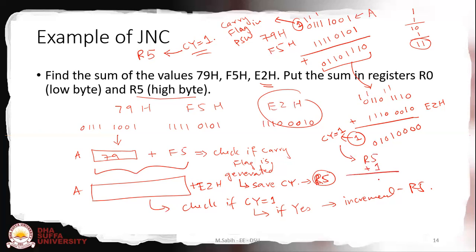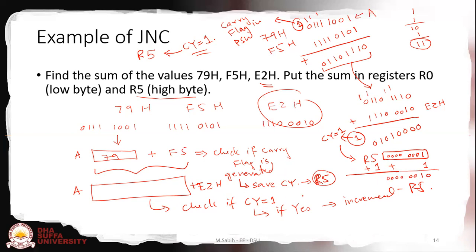Because we already have in R5 1, 0, 0, 0, 0, 0, 0, 0, and this one will come here and add to it. So we will get 0, 1, 0, 0, 0, 0, 0, 0.